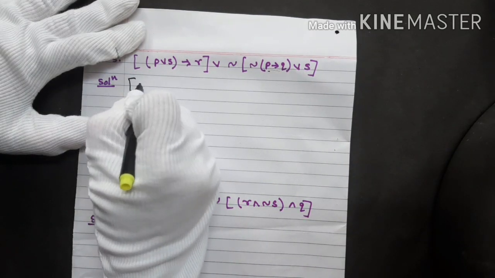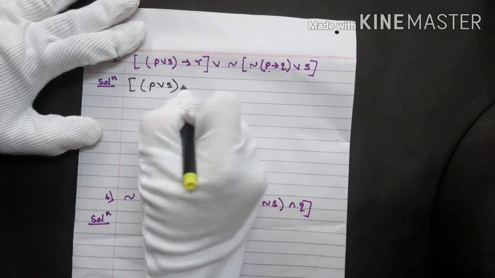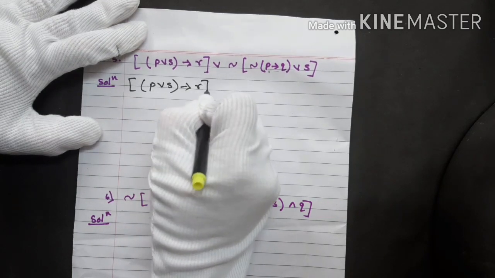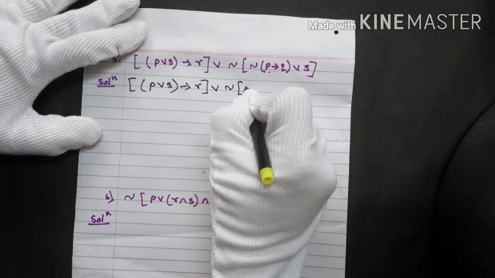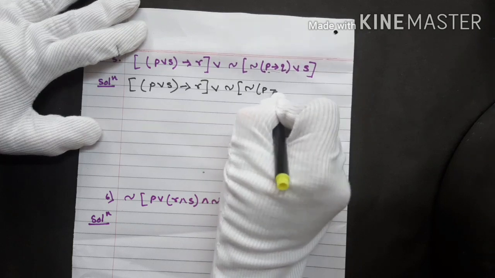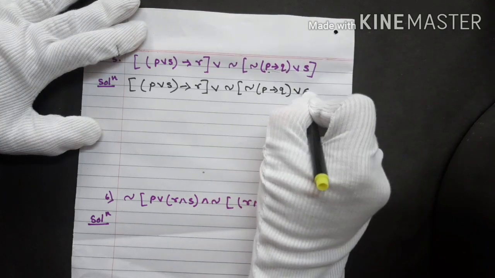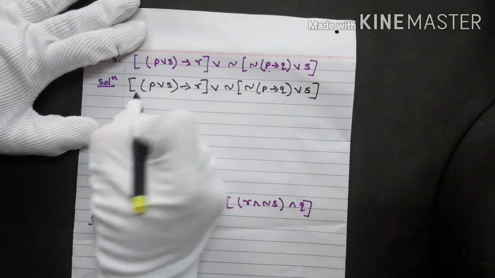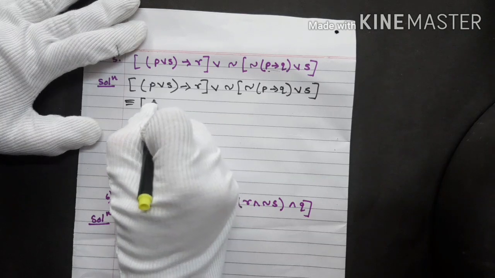So let us first copy the question. P or S implies R, or negation of P implies Q or S. So this is, now substitute the truth values.